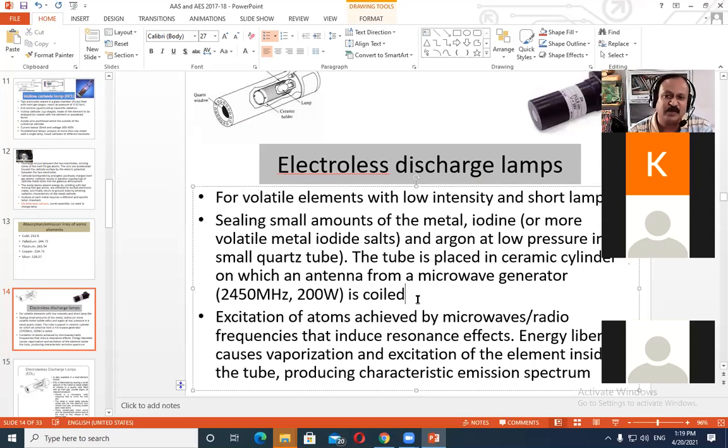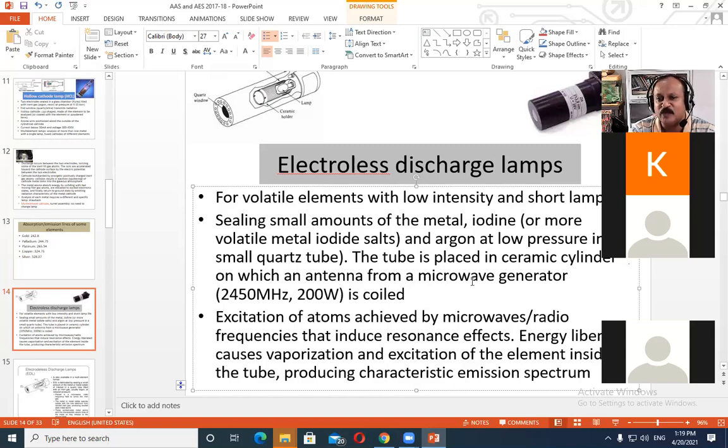Therefore there are special lamps called electrodeless discharge lamps, where there is a small tube placed in a ceramic cylinder, and in this cylinder we put the metal, that is the particular element to be detected, and in addition to that, iodine or metal iodide salts are added to that cylinder.